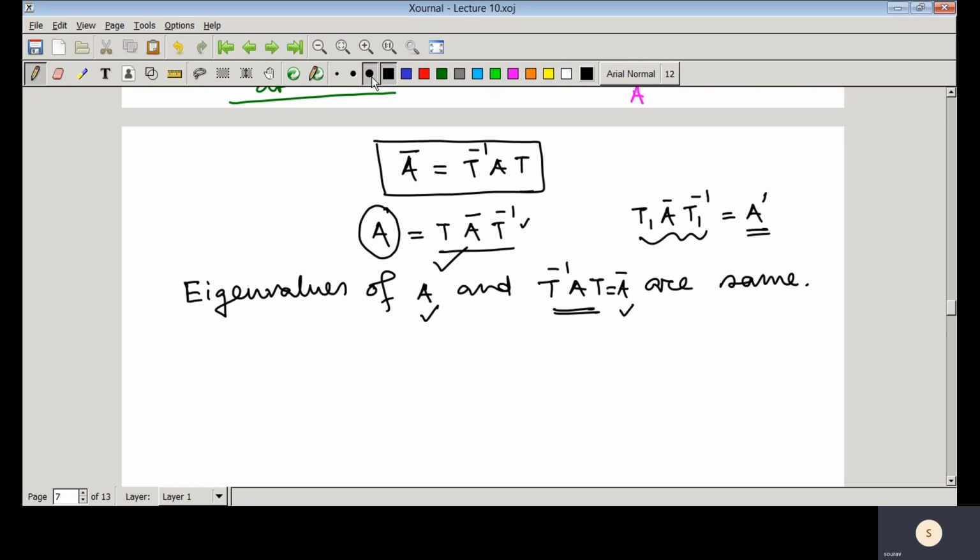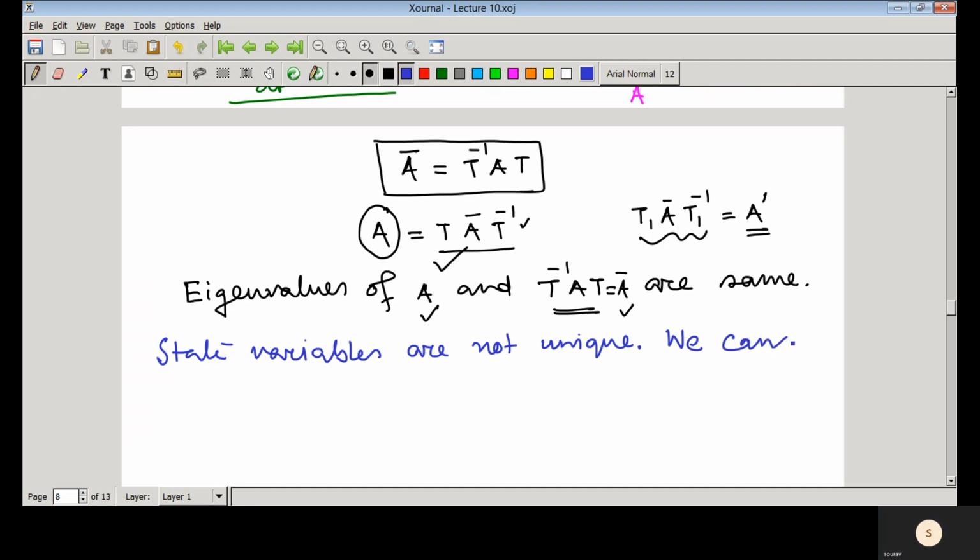So let us see the state variables. State variables are not unique, that we have seen. In this example, we got the charge vector as well as the current vector.